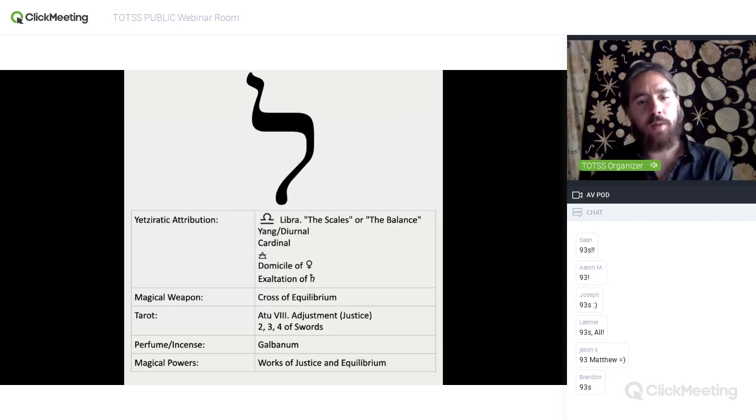For a perfume or incense, we have galbanum again, mainly as an incense of air. Crowley also reads into galbanum, or smells into galbanum, I guess, the idea that there's something somewhat sinister or almost evil in galbanum, and this he takes as related to the Saturnian quality, the exaltation of Saturn.